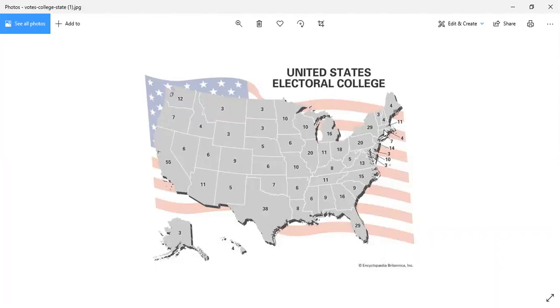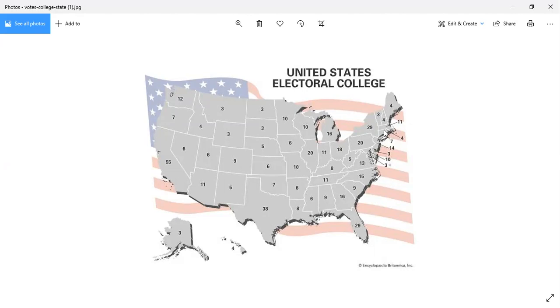And so the question arises, why did the framers set up the Electoral College in the first place? And there were a few reasons. First of all, federalism. It's this desire to maintain the states as units.